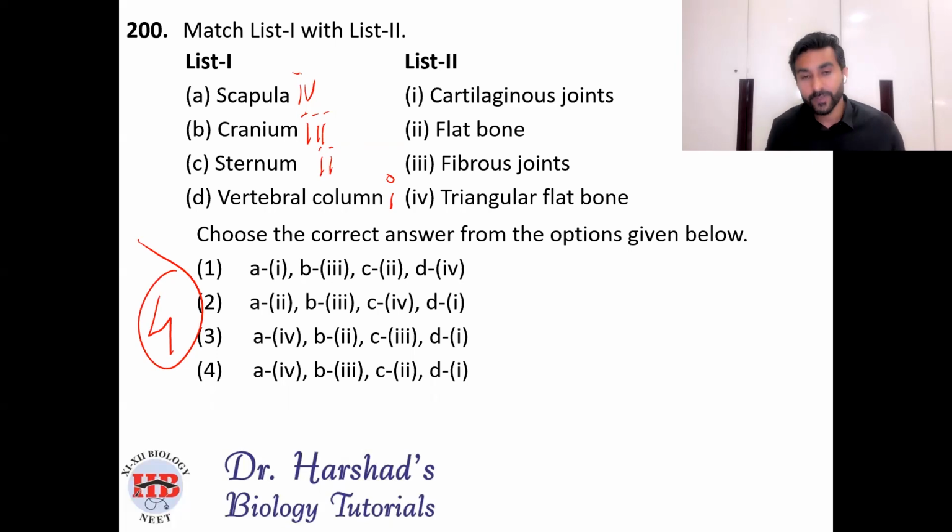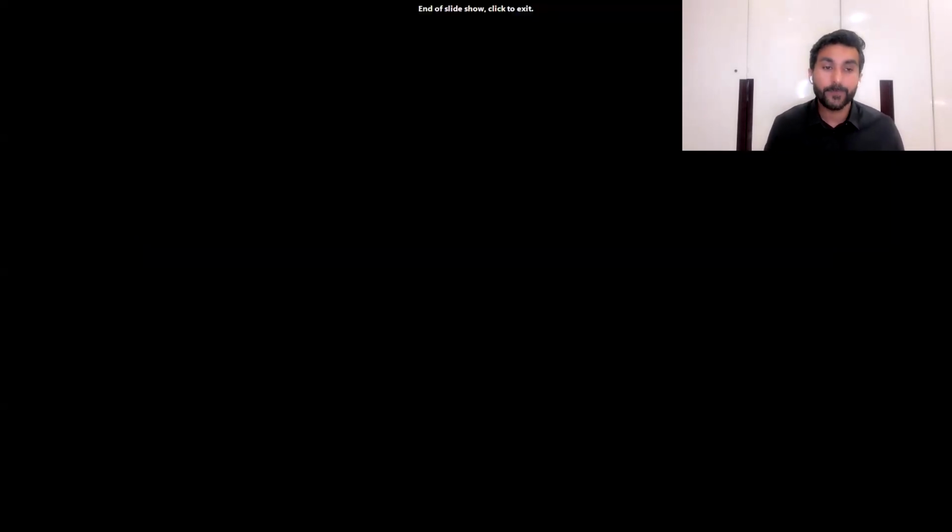That's the last question of your NEET paper. As I already told you, the paper was pretty straightforward. The only 3 questions which would be called different or unexpected were in zoology.